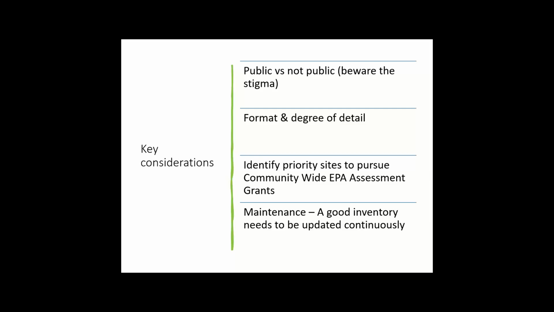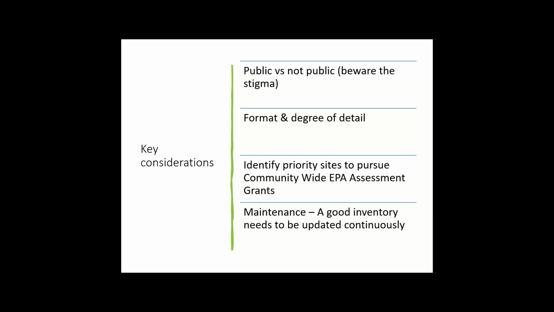So those are the first things that you have to start thinking about when developing your inventory. And again, related to the purpose and the scope of having an inventory, in many cases we use this as a first step to identify and prioritize brownfield sites to go after an EPA grant opportunity.